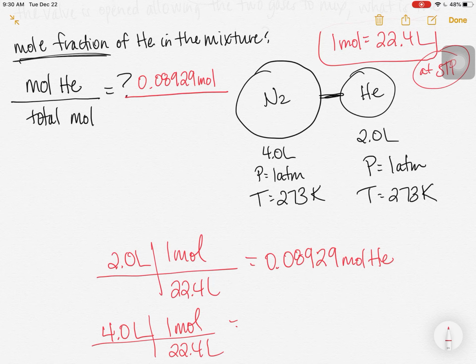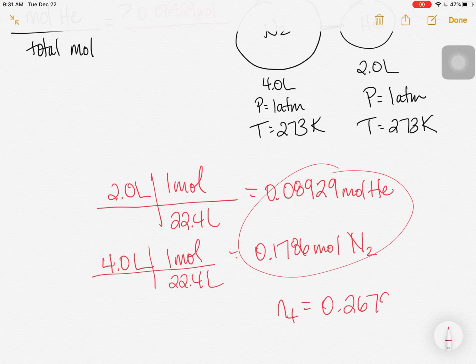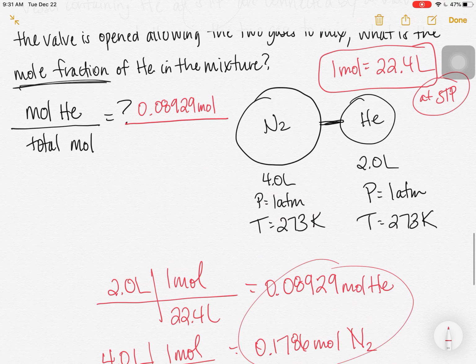Should be double that amount, right? So here are the moles of nitrogen. So then what I really want is total moles. So I add those two together, and it gives me 0.2679 moles total.